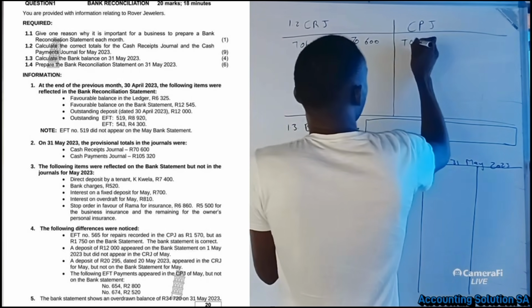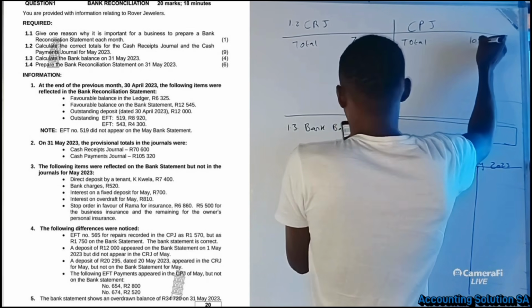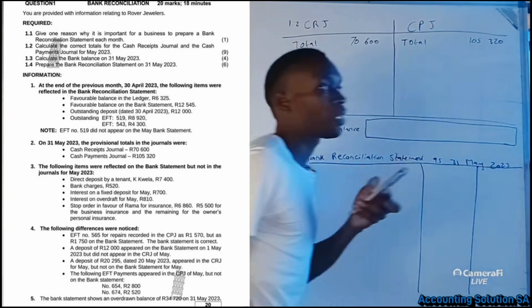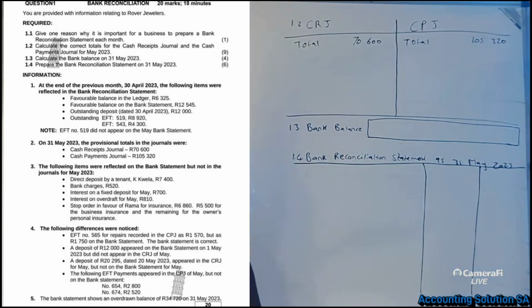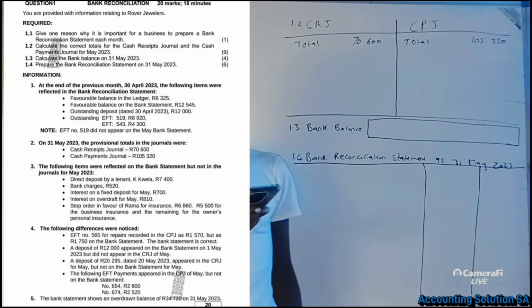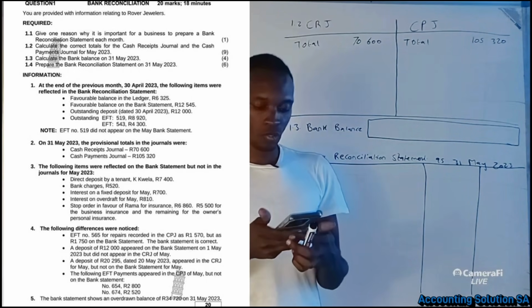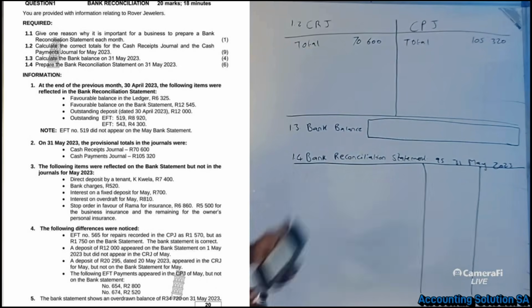For cash payment, we start with the total of 105,320. This is before the adjustments that we are going to do. Transaction number 3, a direct deposit by tenant K Kwela, 7,400. So a direct deposit, guys, obviously is cash receipt journal.